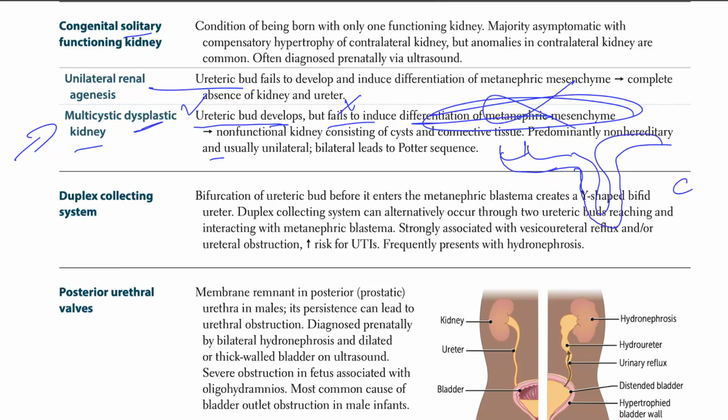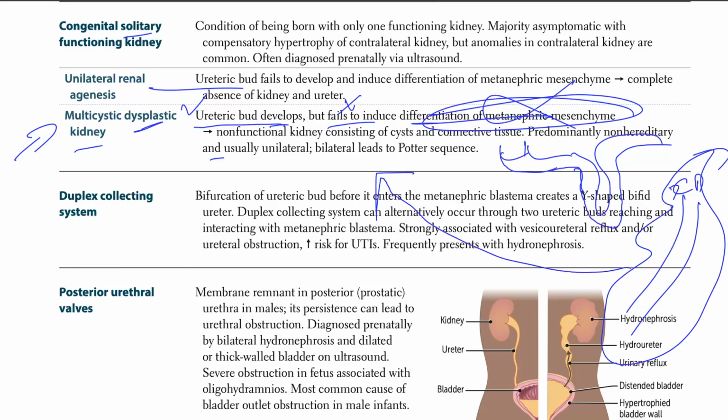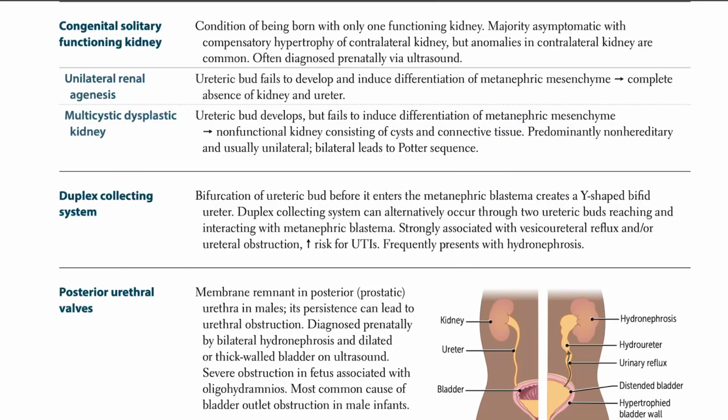All you have is the collecting duct and the rest of the ureters. They will form cysts and connective tissue, leading to the formation of a cystic, non-functional kidney.